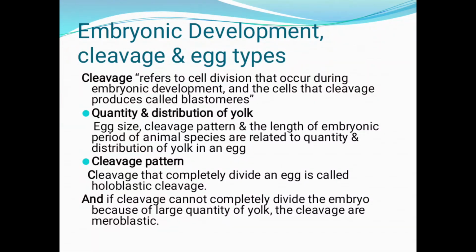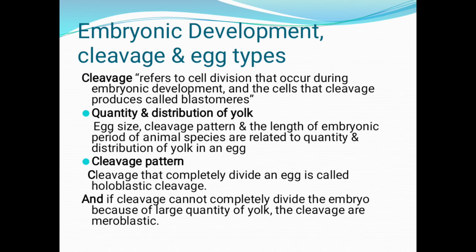Now embryonic development, in which we see cleavages and egg types. Cleavage refers to the cell divisions that occur during embryonic development, and the cells that cleavage produces are called blastomeres. Egg size, cleavage pattern, and the length of the embryonic period of animal species are related to the quantity and distribution of yolk in an egg.